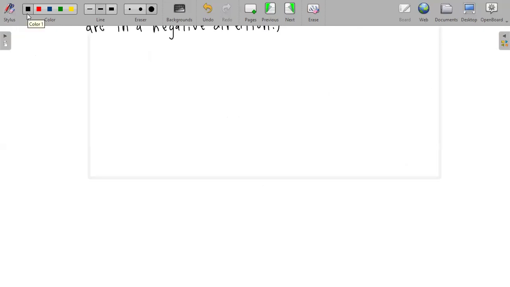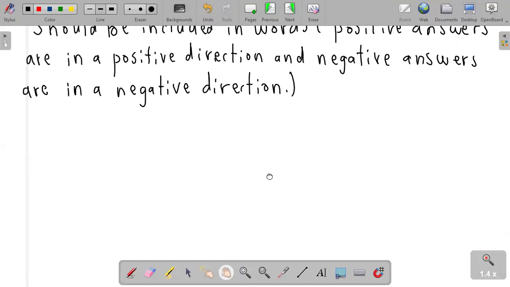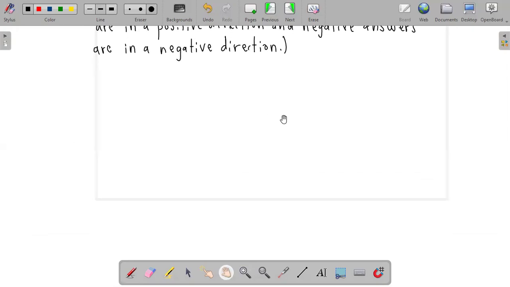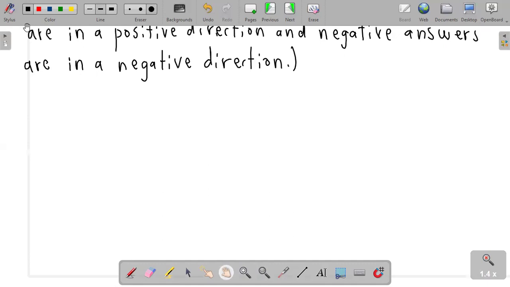So let's do an example, so that you can see what we mean. Now let's do example 1, and we're going to follow the steps that you just saw.